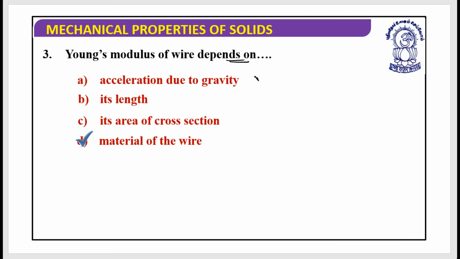Next, does Young's modulus of a wire depend on the acceleration due to gravity? No. The length? No. The area of cross section? No. The material of the wire? Yes. One thing is for sure: if you observe the formula very carefully, Young's modulus equals stress divided by strain.